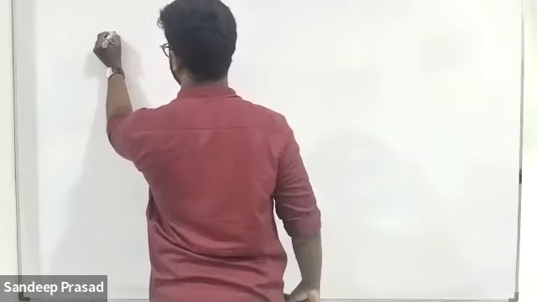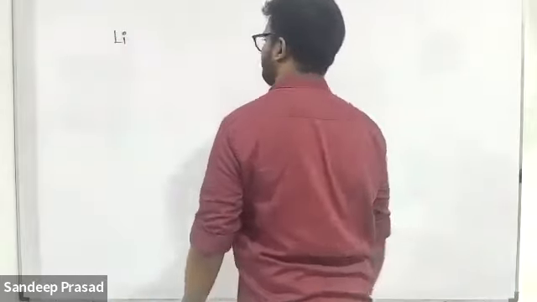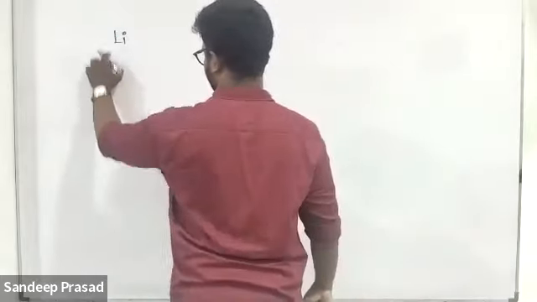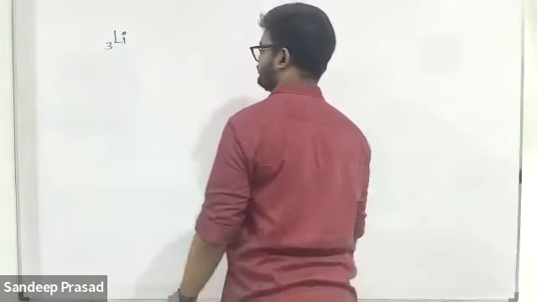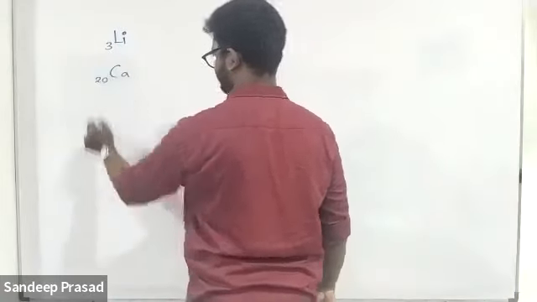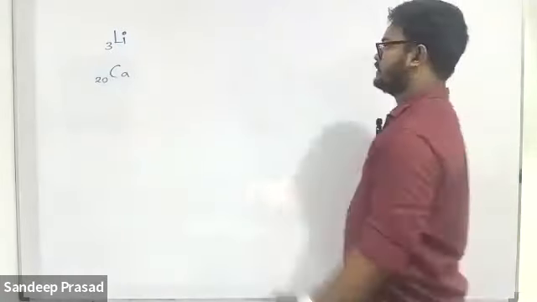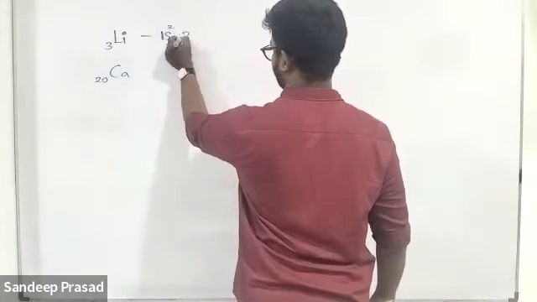Lithium, you can see that the atomic number is 3. If you consider calcium, calcium is actually 20, right? Lithium's electron configuration is 1s2, 2s1.